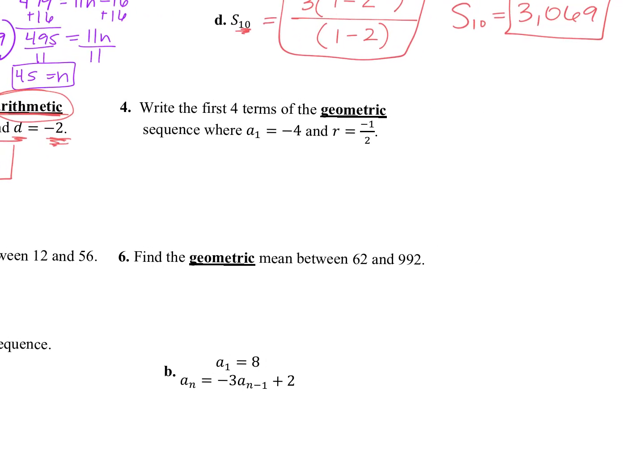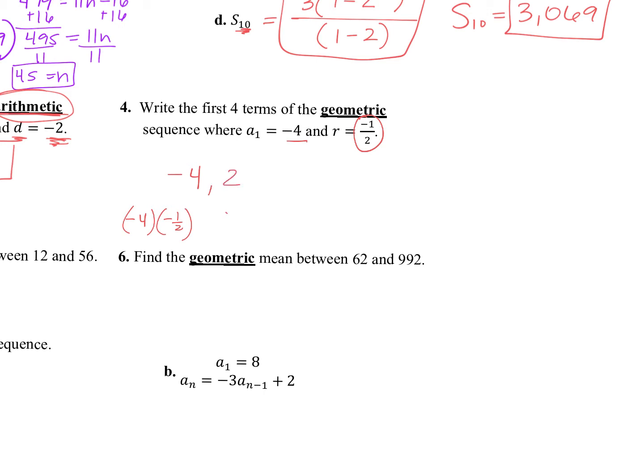Okay, number 4, first 4 terms of the geometric. Now we're multiplying. So for this one, if our first term is -4, then you're going to take that and multiply it by a -1/2. So -4 times a -1/2 is going to get you your next term. Well, that's going to be a +2.